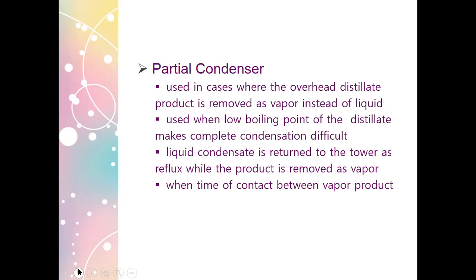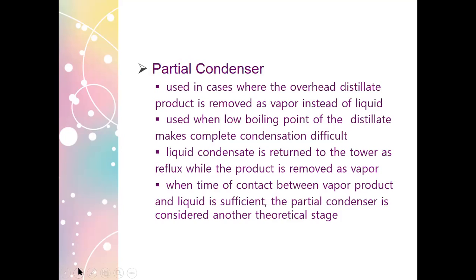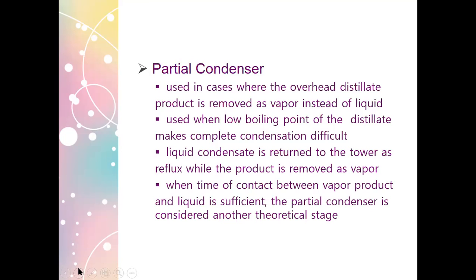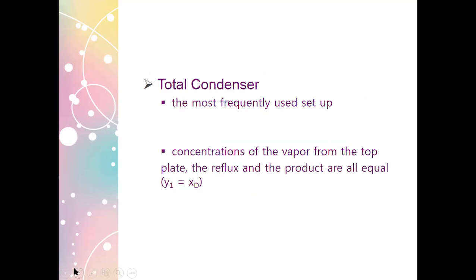When the time of contact between the vapor and the liquid is sufficient, the partial condenser is considered another theoretical stage. And in that case, as mentioned here, you're not only going to subtract 1 from your total number of stages represented in the graphical technique, but rather you will subtract 2.